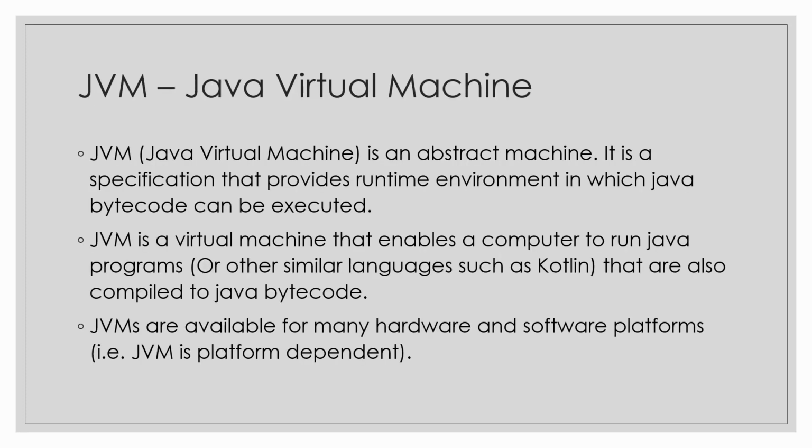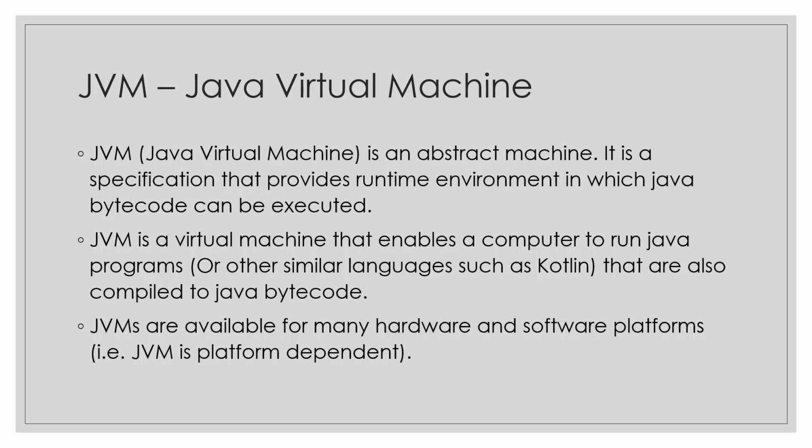What is a JVM, the Java Virtual Machine? JVM is an abstract machine. It is a specification that provides a runtime environment in which Java bytecode can be executed. We will be looking more into it in a while, but overall JVM is an abstract machine that provides a runtime environment for Java.